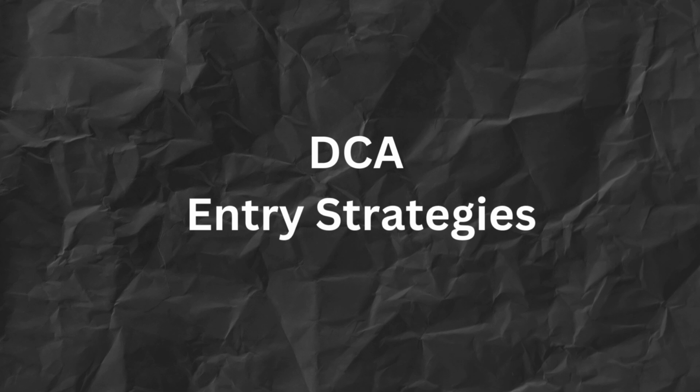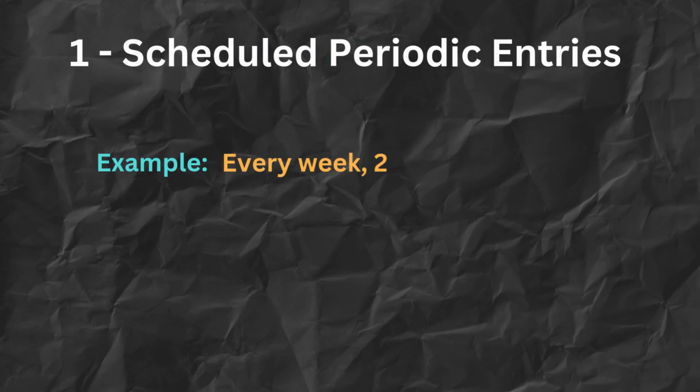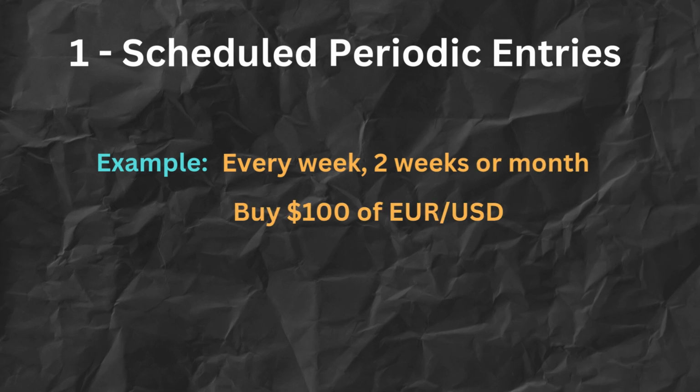Here are some effective DCA entry strategies specifically tailored for Forex. Scheduled periodic entries. This works by setting a fixed schedule, such as weekly, bi-weekly, or monthly, and allocating a predetermined amount of capital to buy the target currency pair, regardless of its price.